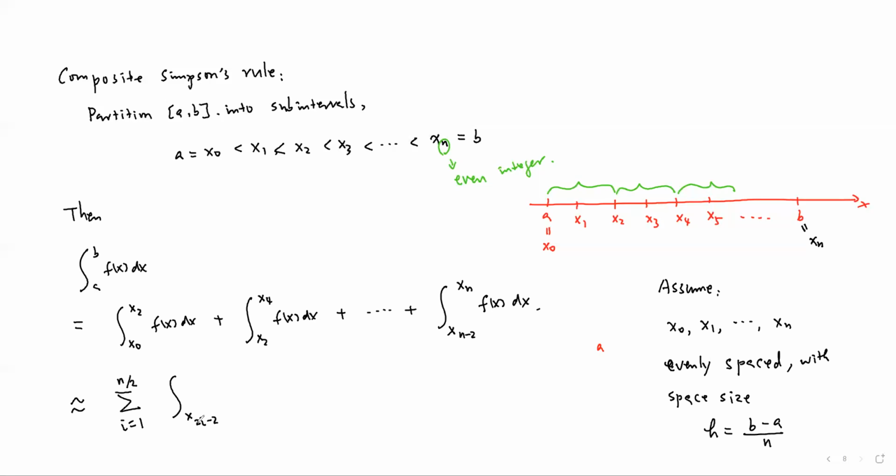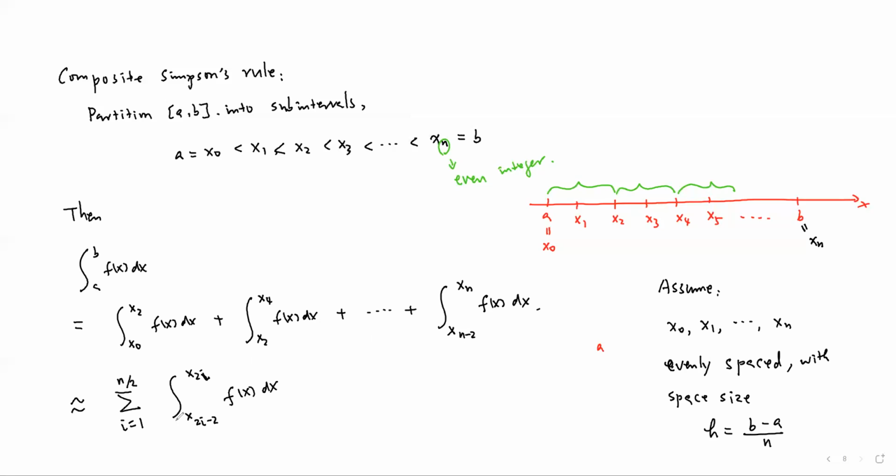When i is 1, 2i minus 2 is 0, x0, to 2i, which is 2. So i is 1, this integral is the first integral. When i is 2, 2i minus 2 is 2, and 2i is 4. So when i is 2, this integral is the second integral.